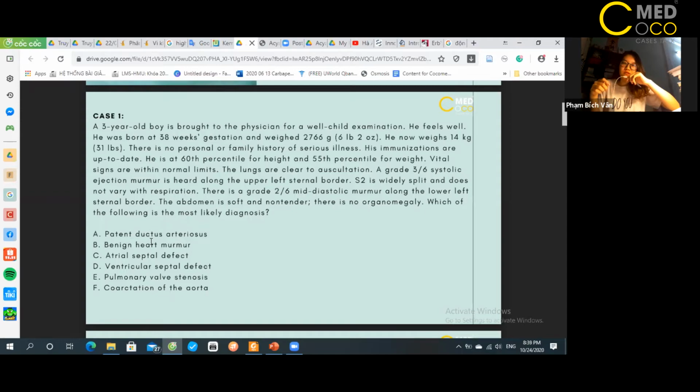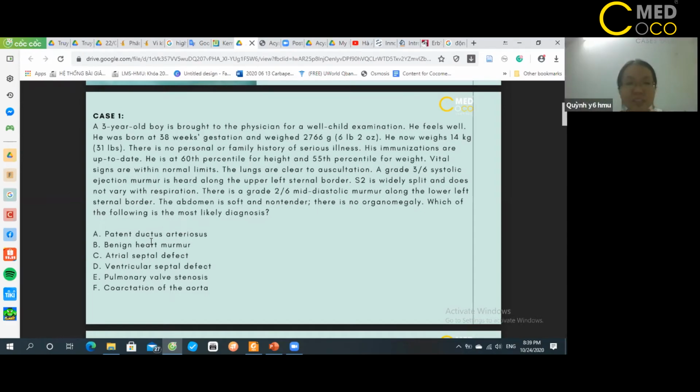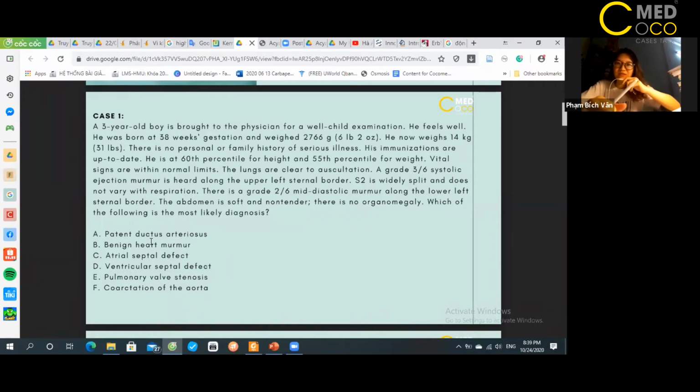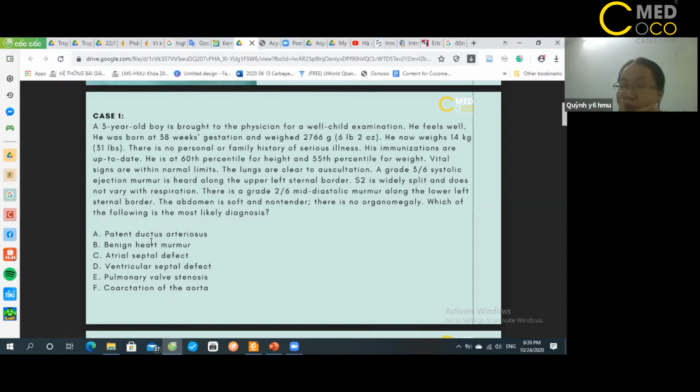So it can increase the blood flow to the right ventricle, and exactly, it can cause the murmur. So it would only cause the murmur in the pulmonary valve. So what will explain the murmur in the tricuspid valve?